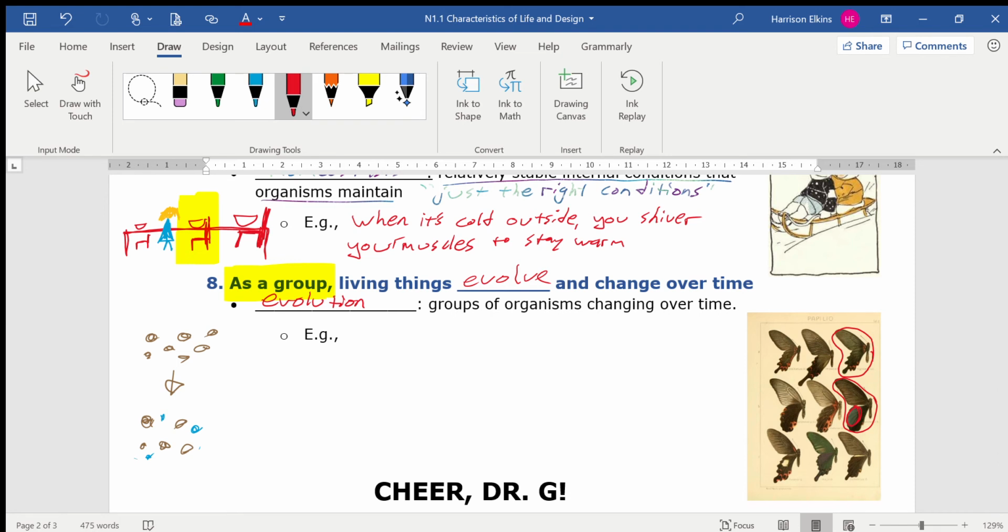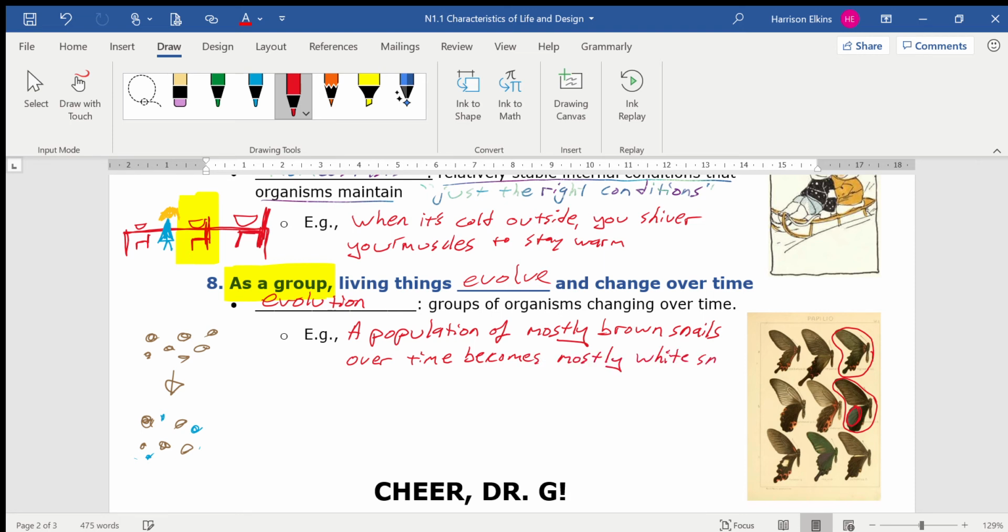What's another example? Let's think about snails. So we could say a population of mostly brown snails over time becomes mostly white snails.